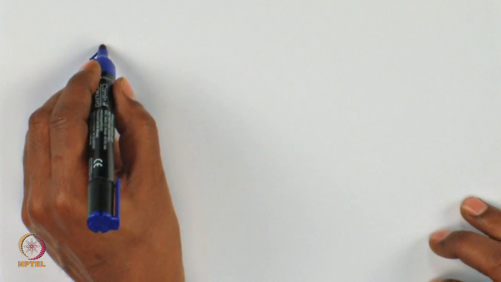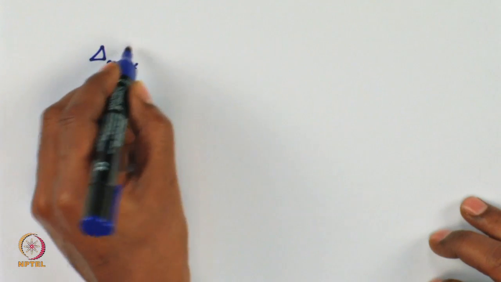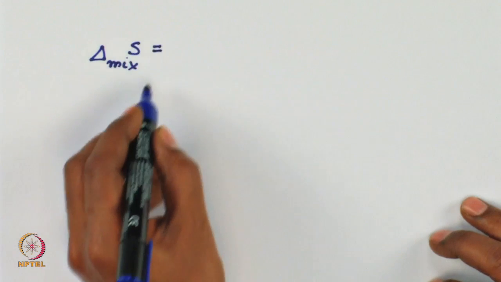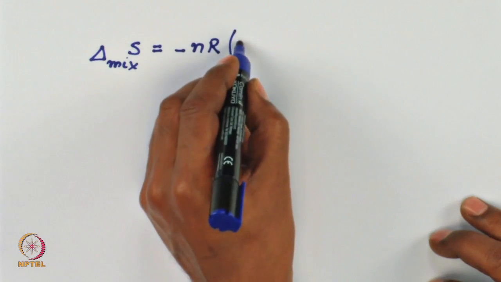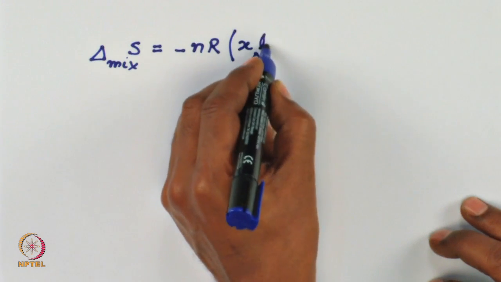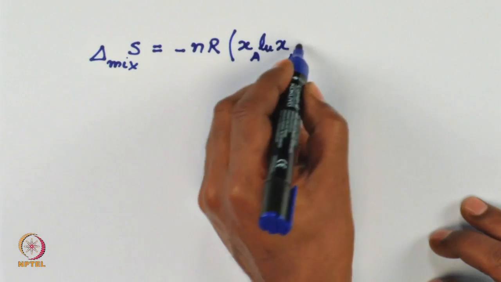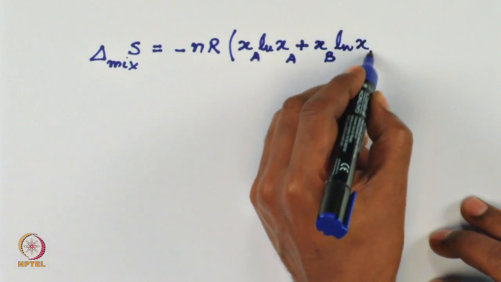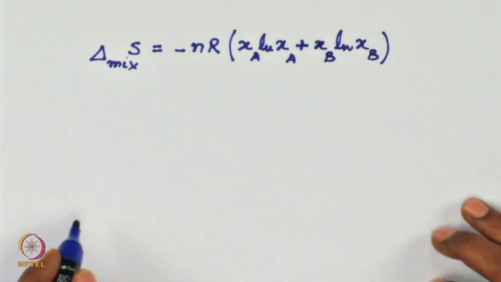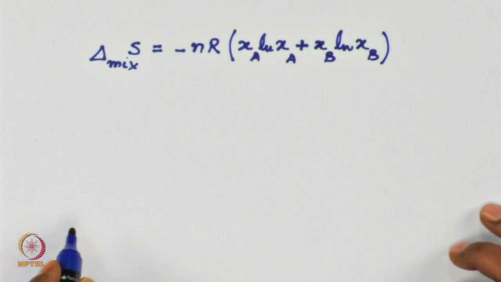Since we are talking about hexane and heptane, let me represent one by A and the other by B. The entropy of mixing is equal to minus NR (x A log x A plus x B log x B), where A is for hexane and B is for heptane.